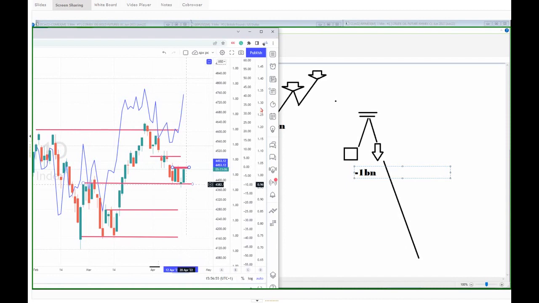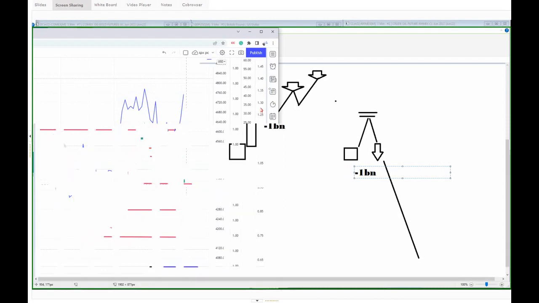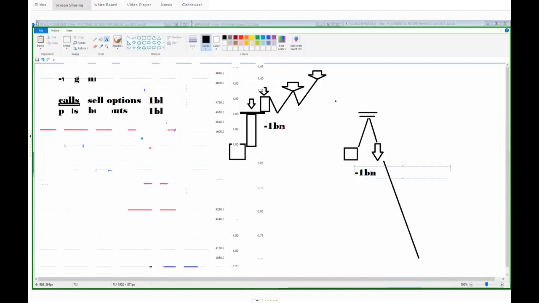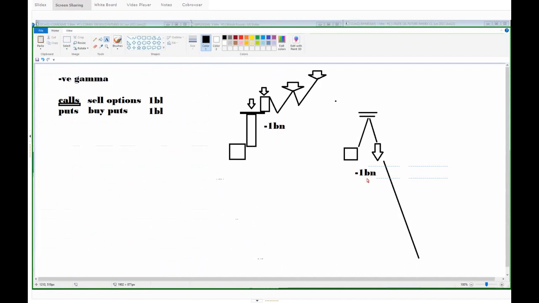This is gamma scalping from a positive gamma, which is creating a negative gamma. It's actually not necessarily a negative gamma. It shows as a negative gamma, but it's not really a negative gamma. It's a neutral gamma, a zero gamma. Whereas this is a clean, sharp, positive into a negative gamma narrative, and this is bearish.